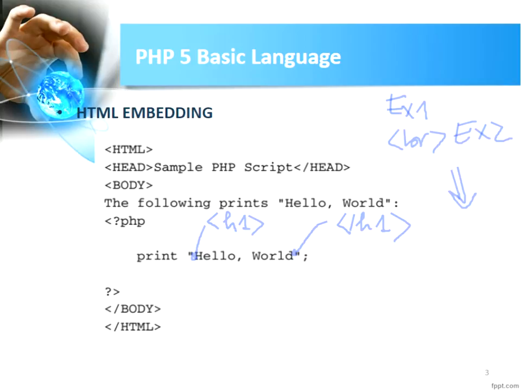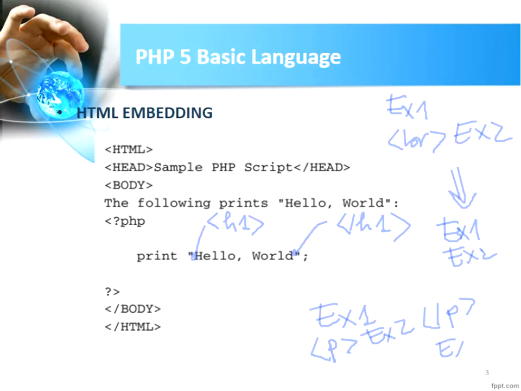The display will be exercise 1, new line, exercise 2. But if I write exercise 1, paragraph, exercise 2, and paragraph, in this case, the display will be exercise 1, after that exercise 2 as a paragraph.